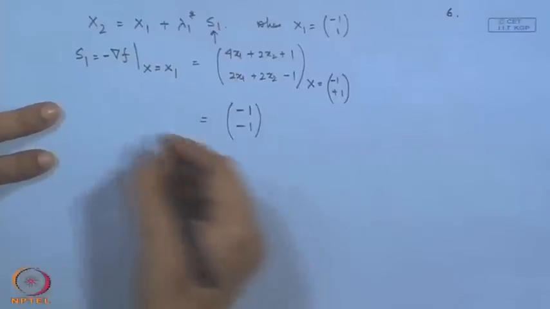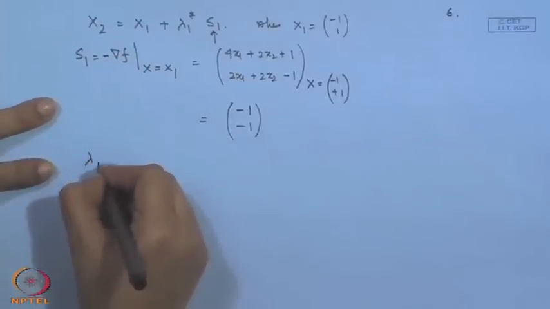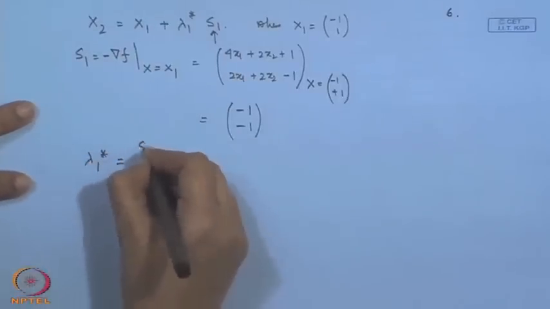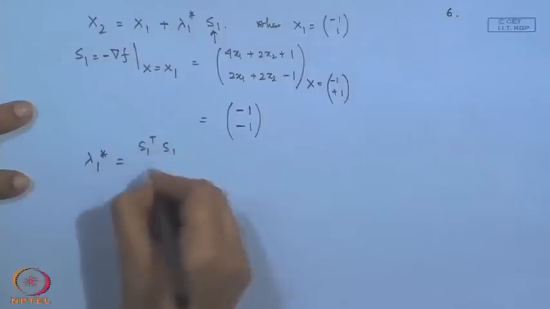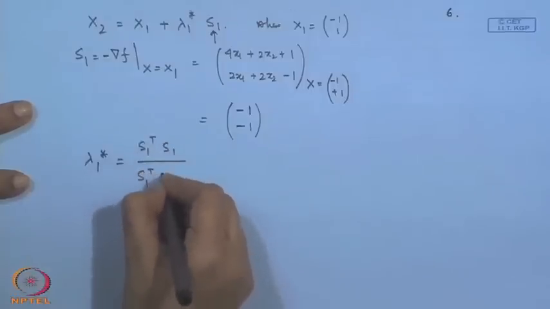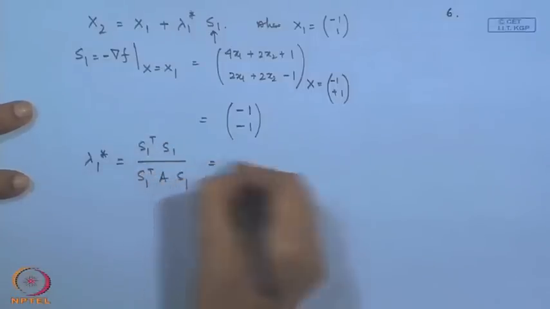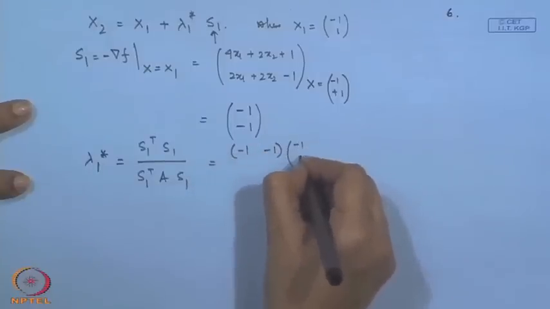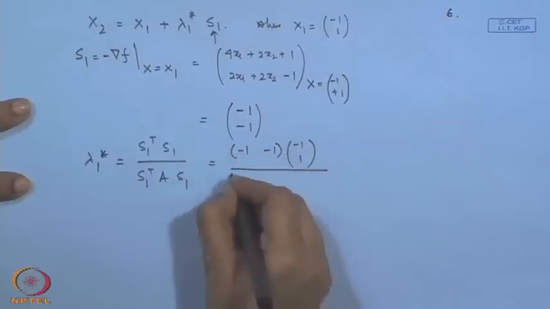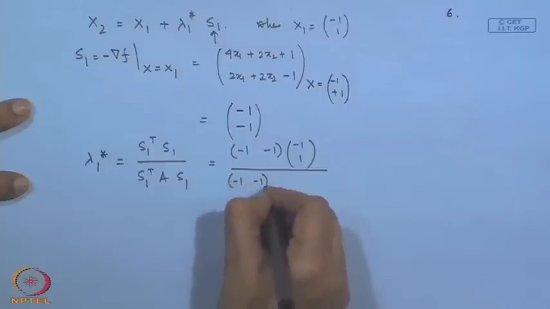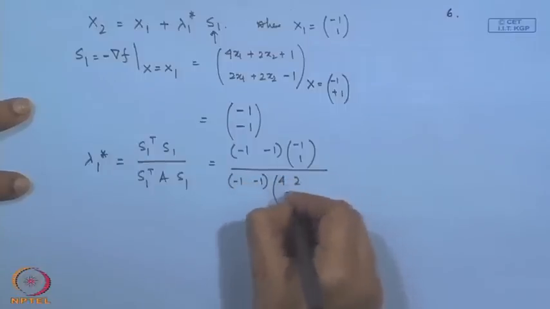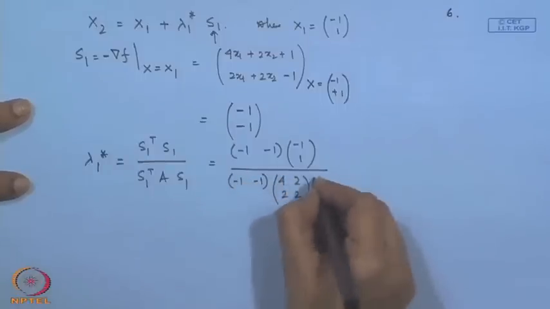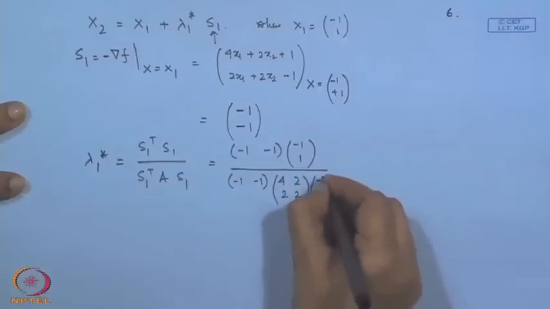Then once we are getting s 1, what about lambda 1 star? Lambda 1 star would be s 1 transpose s 1 divided by s 1 transpose A s 1. If I just write down the value here, A value would be 4 2 2 2. This we are getting from the objective function. Minus 1 minus 1.